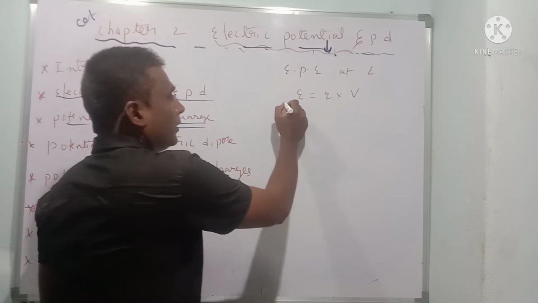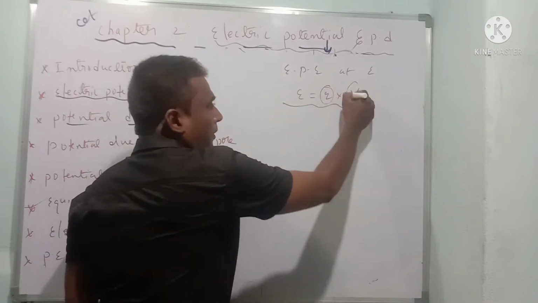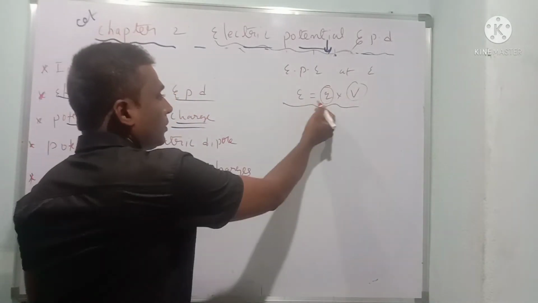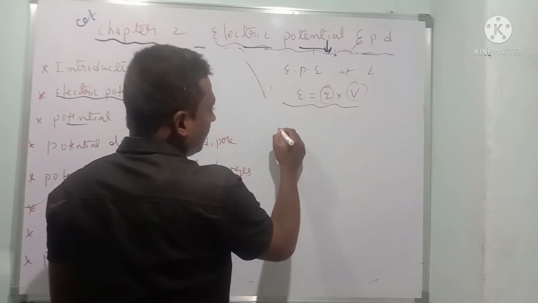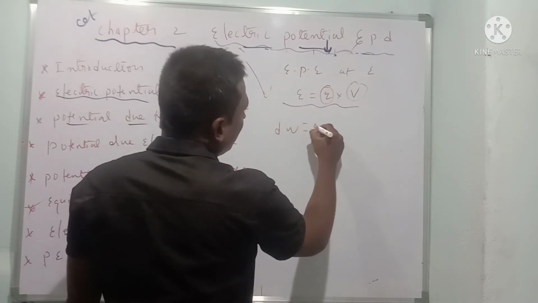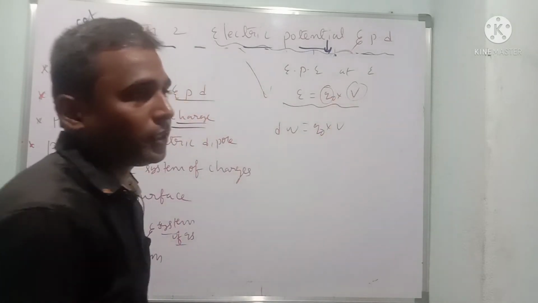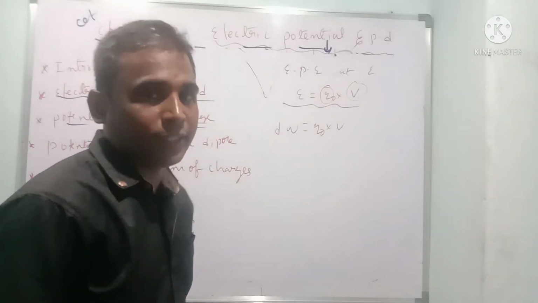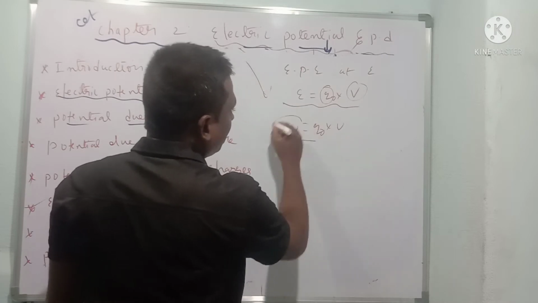So electrical potential energy is nothing but the product of charge and potential. This is very useful, children, in the CET. E is equal to Q into V. Now if the amount of work done is dW is equal to Q into V, I am going to consider a test charge which is negligible and does not affect the electric field. Now this is the potential difference from one point to another point.